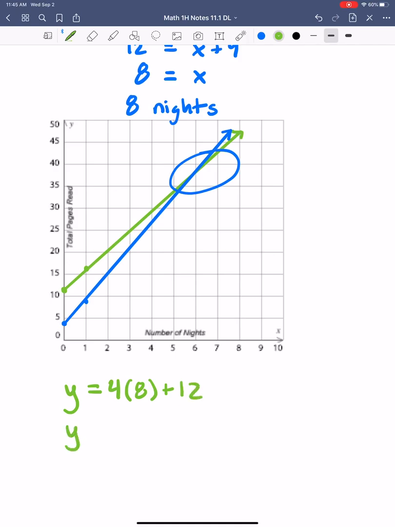And so that's y equals 32 plus 12, and I get y equals 44. And that's going to be the page that they're on. So on the 8th night, they'll be on the same page, which is going to be page 44.